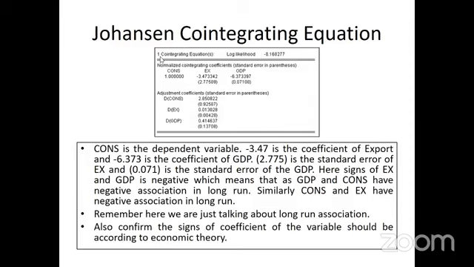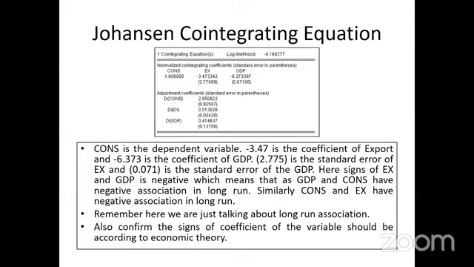Now, consumption is the dependent variable, right? Minus 3.47 is the coefficient of export. Minus 6.37 is the coefficient of GDP. 2.775 is a standard error. When I divide the coefficient by this, I get the t value, which if it is more than 1.96 means that your p-value is very significant, right? Here the signs of export and GDP are negative, which means that GDP and consumption have a negative association in the long run.